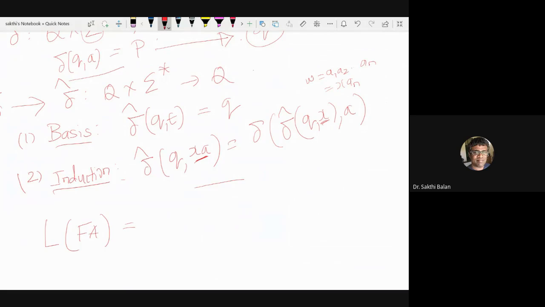So the language accepted by the finite automata is given as the set of all strings W belonging to sigma star such that delta cap of Q naught comma W belongs to the capital F.